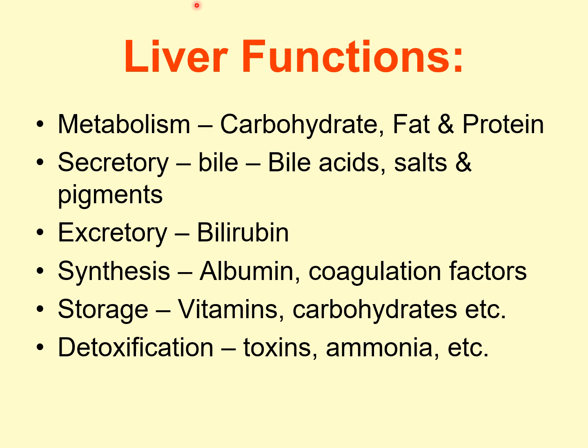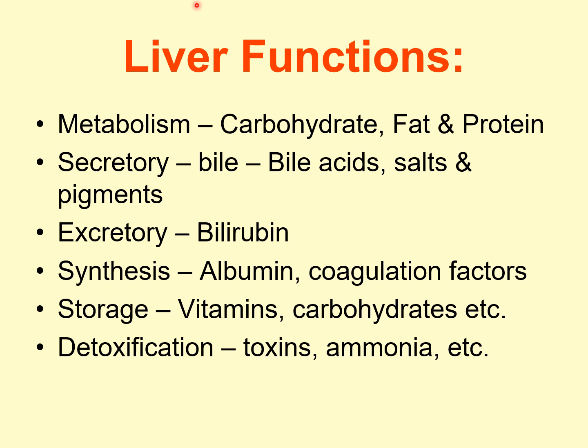Then certain secretions of the bile acid, salt and the pigments are secreted from the liver. Excretion of the bilirubin, synthesis of albumin and many coagulation factors are synthesized here. Storage of the vitamin K is here actually, है ना?